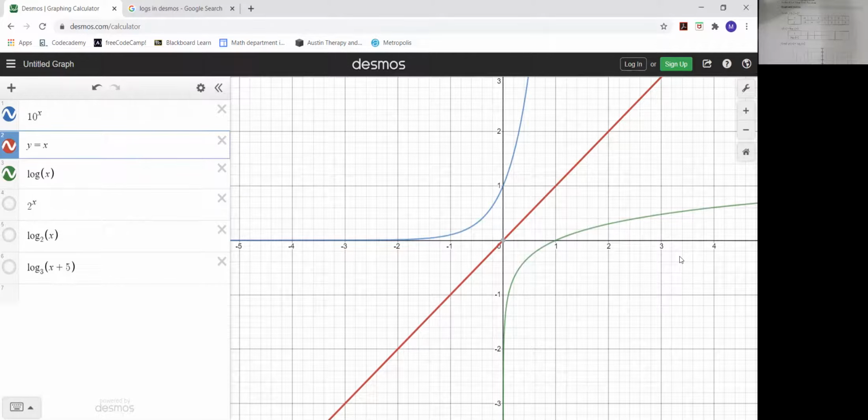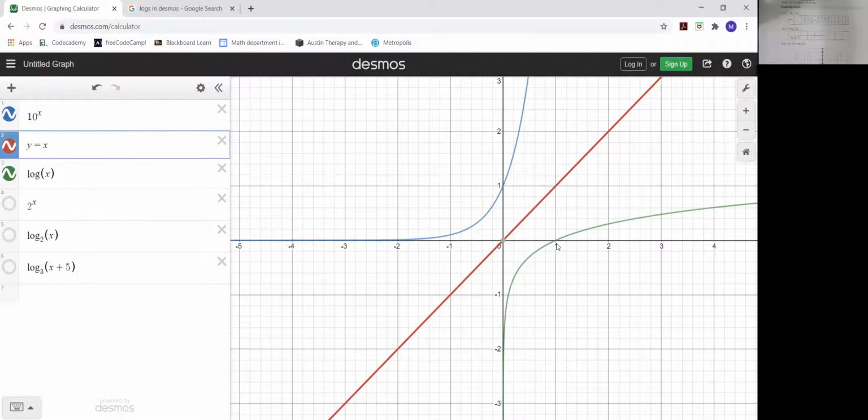So if we're looking at the domain of our logarithmic functions, we cannot plug in 0. We haven't done that yet. We will talk about why in a second, but we're not plugging in 0. We can plug in fractional numbers, and plugging in 1 will give us 0. That was the thing that we talked about. Anything to the 0 power will give us 1.